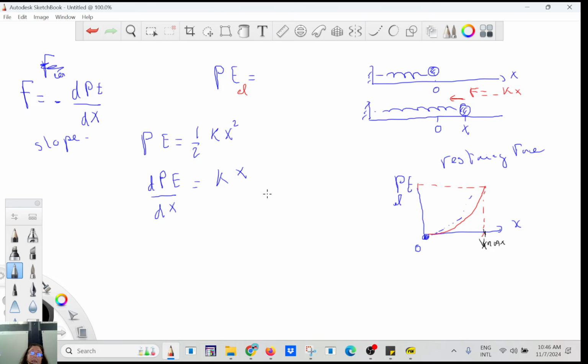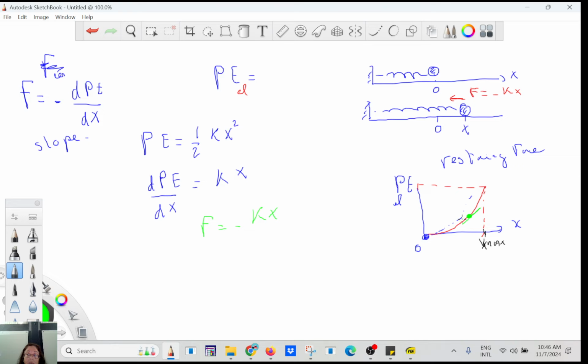Agree? So I like that because you see how you can use calculus and math, and it's not very advanced. Now, at any point, you see the restoring force here. So the restoring force will be minus kx. So at a given point, the restoring force will be the slope.